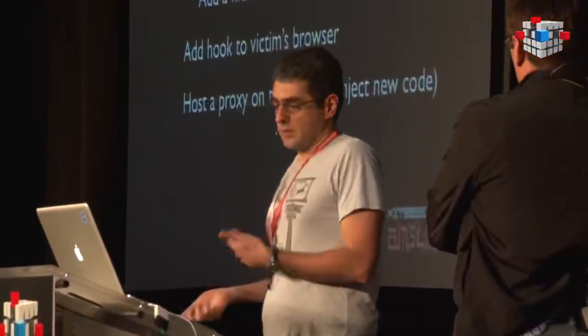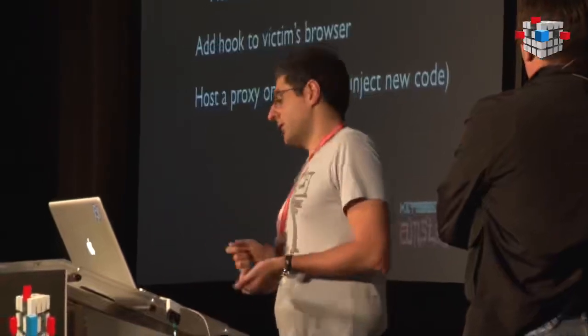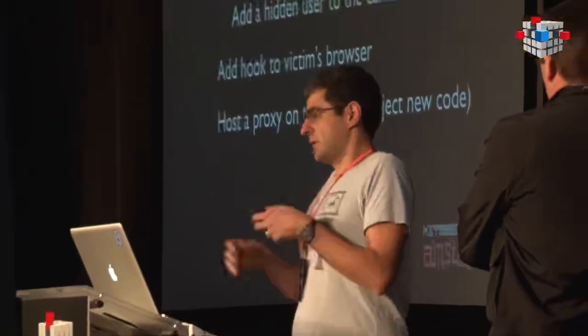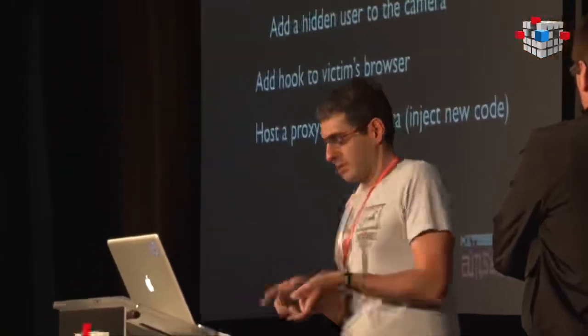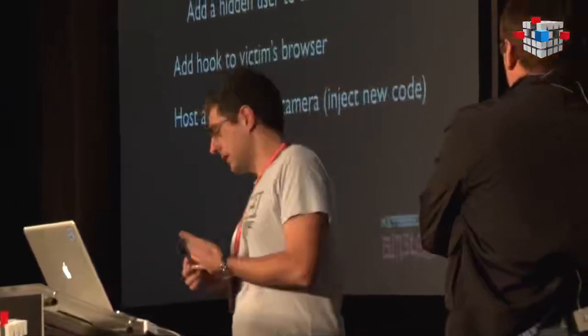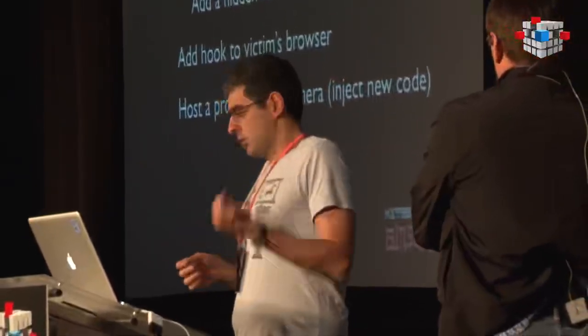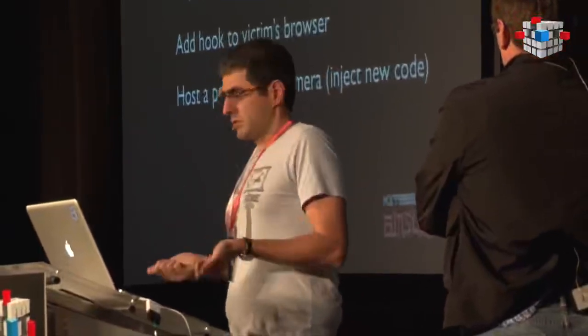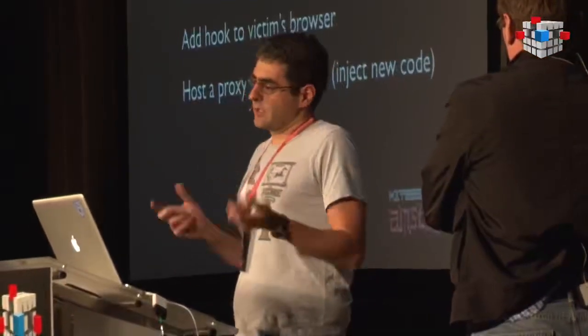We create an admin user and then modify the web interface in a way that we basically poison it, so when the legitimate user goes to the web interface, she doesn't see anything. Next, we add the hook, we inject JavaScript into the victim's browser, and we can do several things there, as I will show.